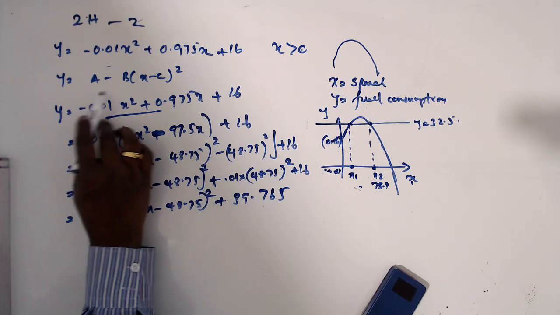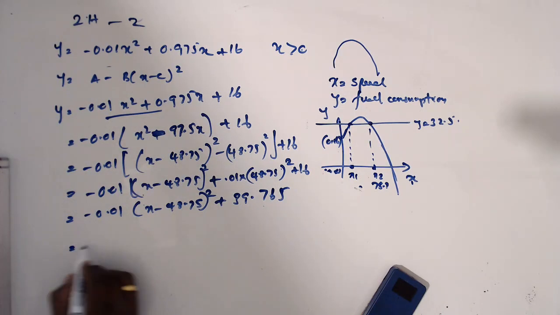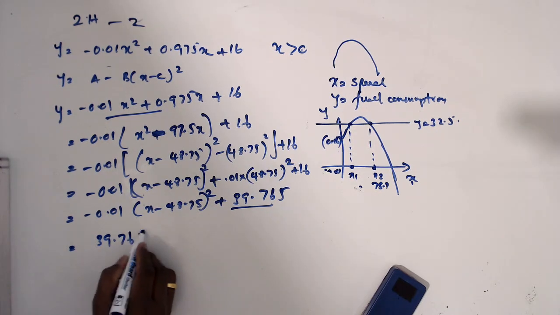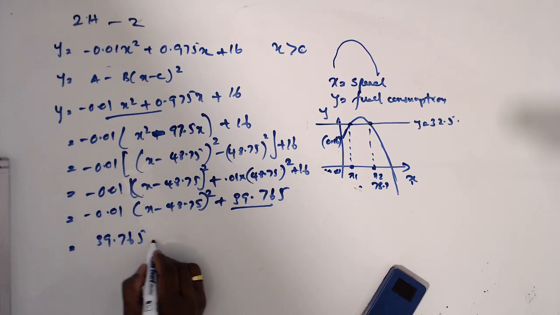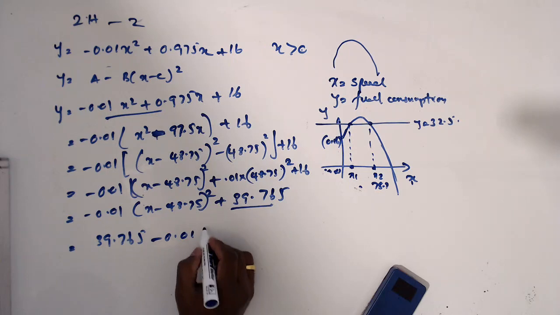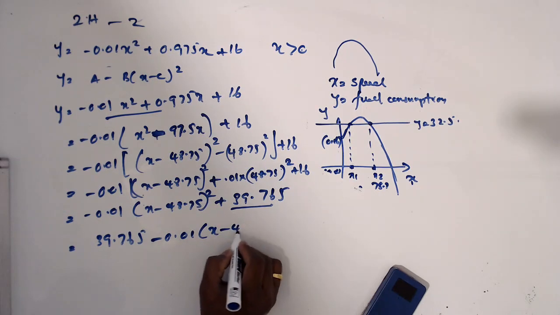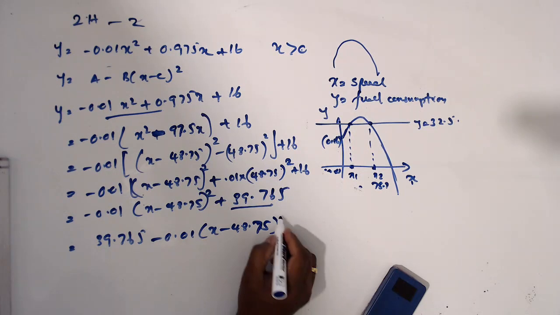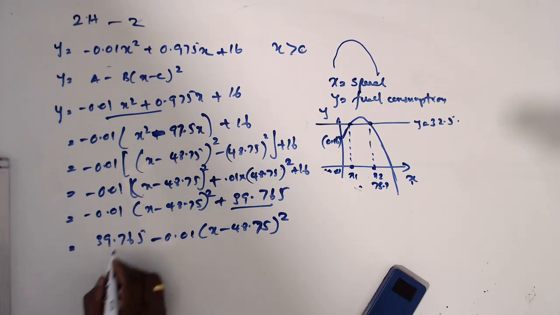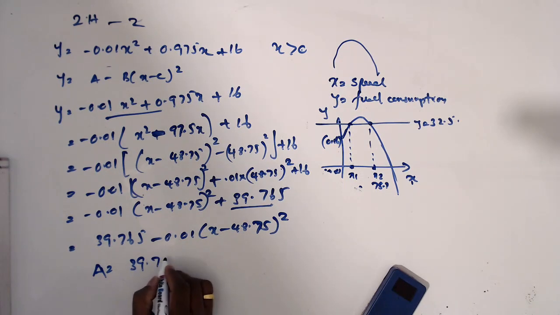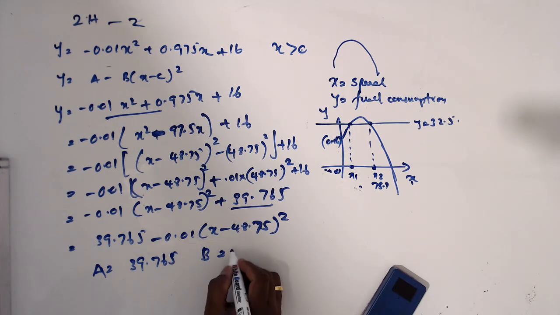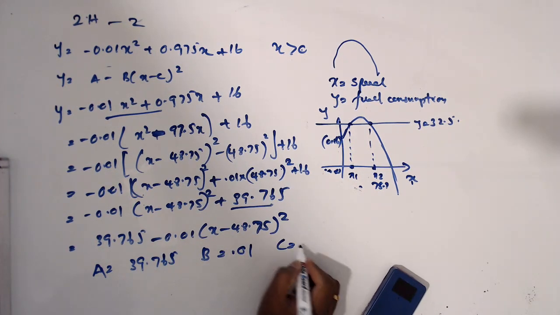So I'll bring it to this form. The plus value is here, 39.765, then minus 0.01 times x minus 48.75 squared. Now A is 39.765, B is 0.01, and C is 48.75.